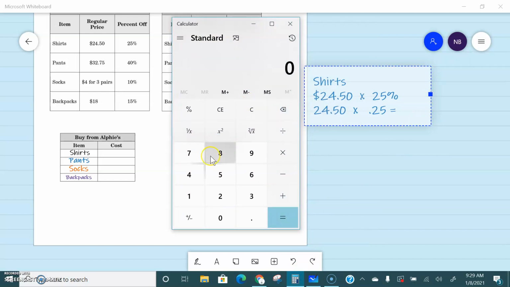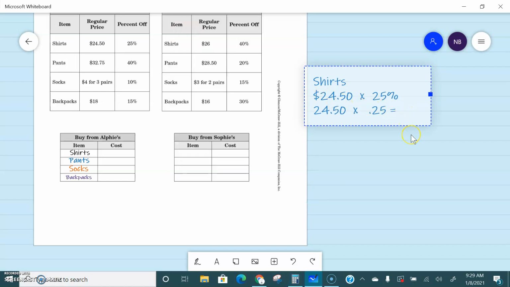And what we'll do is say 2450 times 0.25. And that gives you the discount. The discount is 6.125. But since we're dealing with numbers and money, we can't say $6 and 0.125 cents.